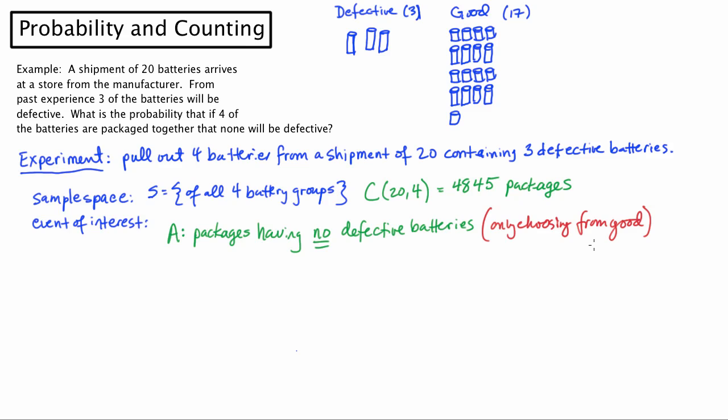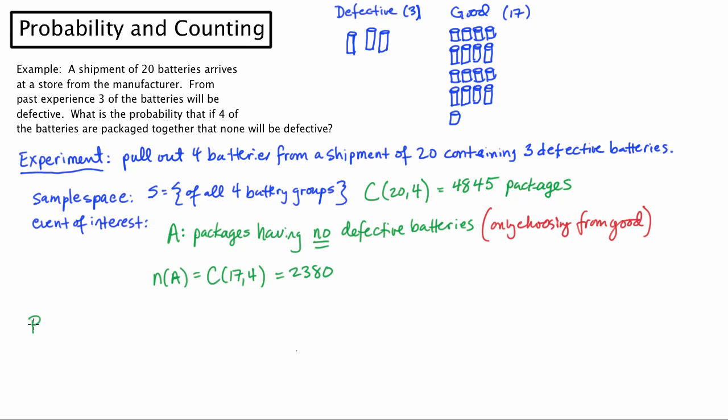Now, since that's the case, it seems pretty obvious that the number of ways to do A, the number of things in the event A, is equal to choose from the good, so C(17,4). This turns out to be 2,380 good packages.